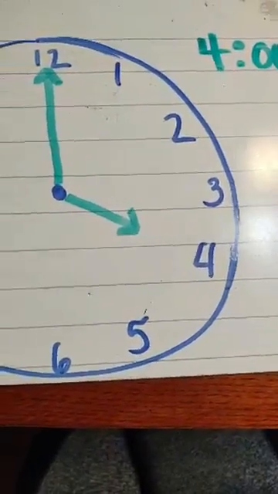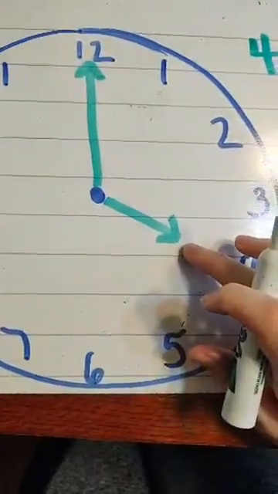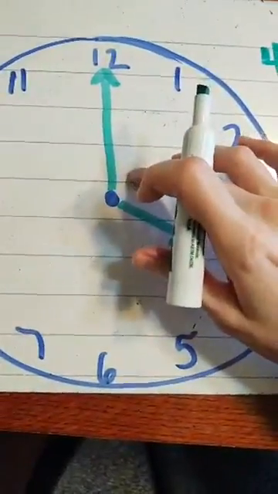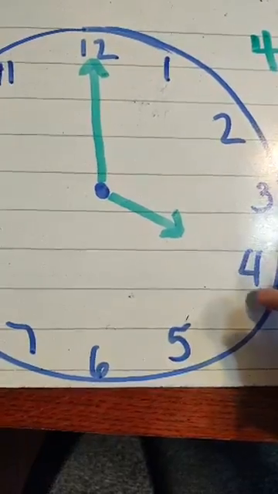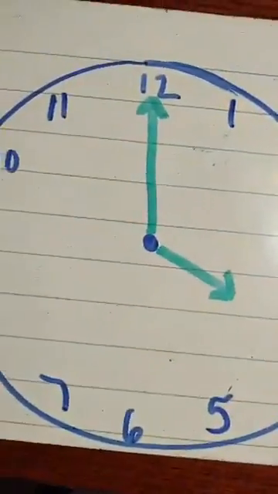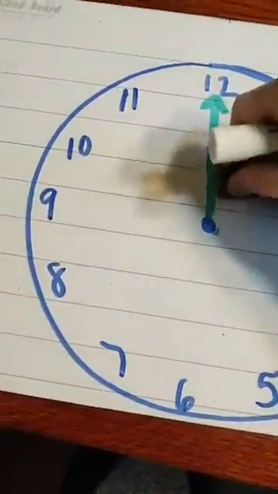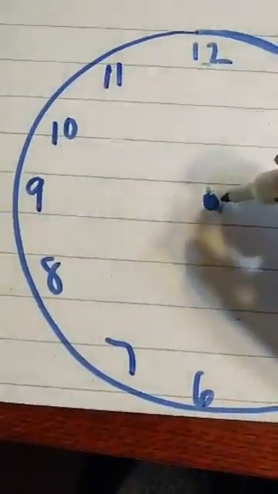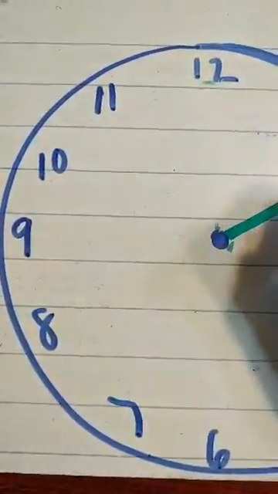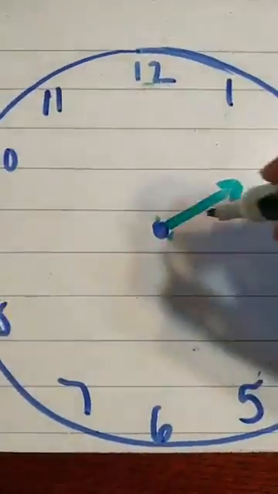Okay, so remember, hour hand shorter, minute hand longer, pointing directly at the hour it is, and directly at the 12. All right, so let's do another on the hour time here. Okay. Hour hand pointing directly at a number and it's shorter.